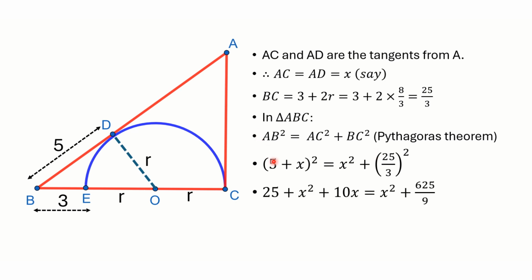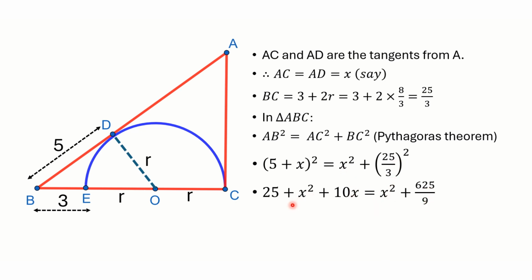Now I can expand. This is nothing but a plus b whole square, that is a square plus b square plus 2ab. So a square is 5 square, b square is x square, plus 2ab is 2 times 5 times x, that is 10x. And this side you have x square and this is 625 by 9.